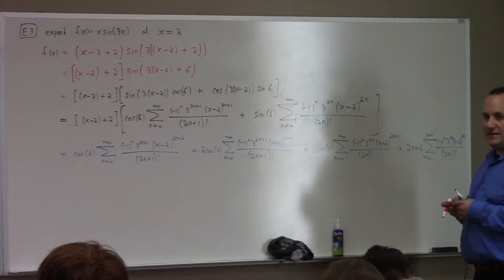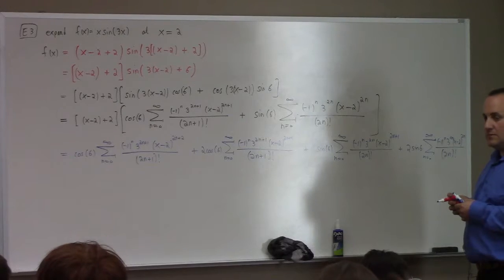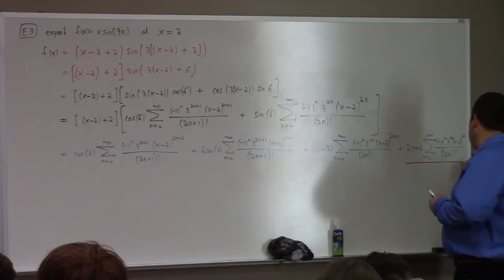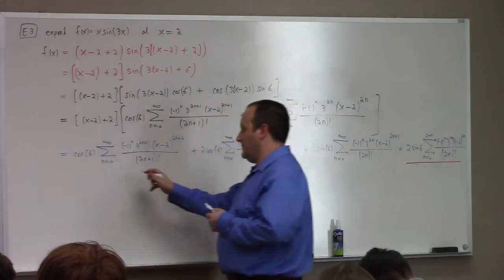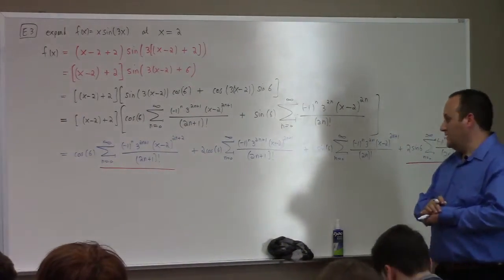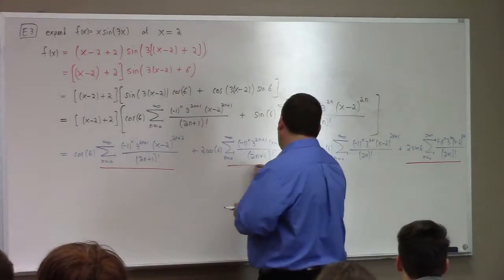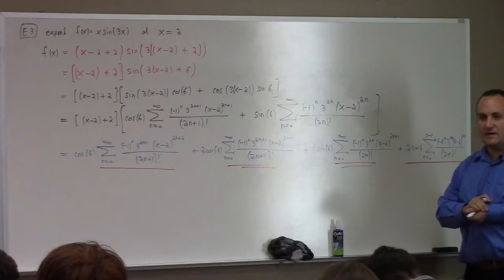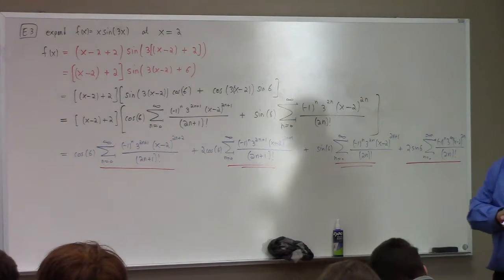We should collect even and odd terms, right? To get a proper answer, we should combine this and this into one big sum, and combine this and this into another large sum by making an appropriate substitution.